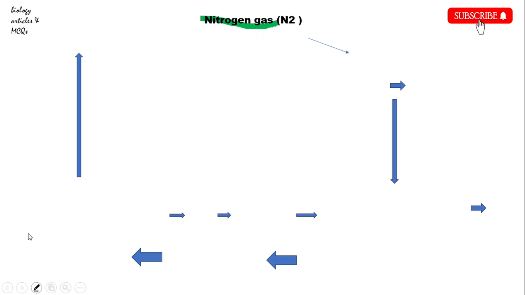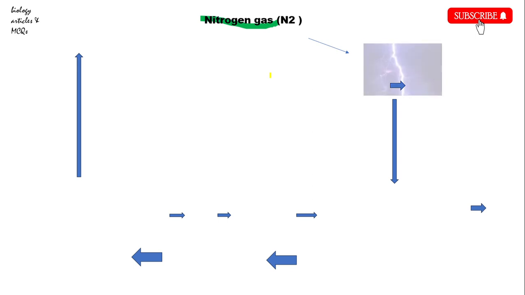This nitrogen gas cannot be used by the plants directly. In order to make it usable by the plants, it should be transformed into other forms. To transform it, there are different processes that can be used.